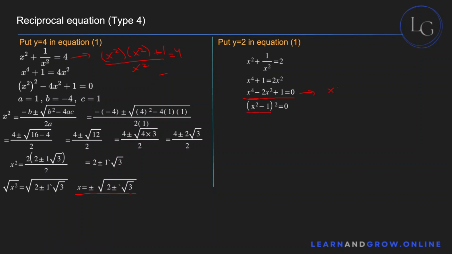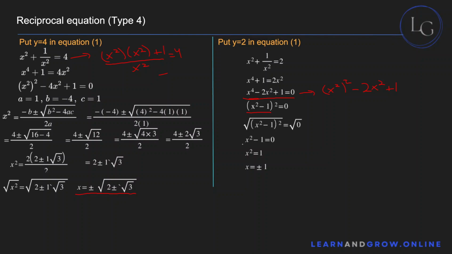Because if you take it as x square whole square minus 2x square plus 1, now you can see that this converts into this. Now, simply by taking the under root on both sides, you get x square minus 1 is equal to 0 and x square is equal to 1. So x is equal to either positive 1 or negative 1.